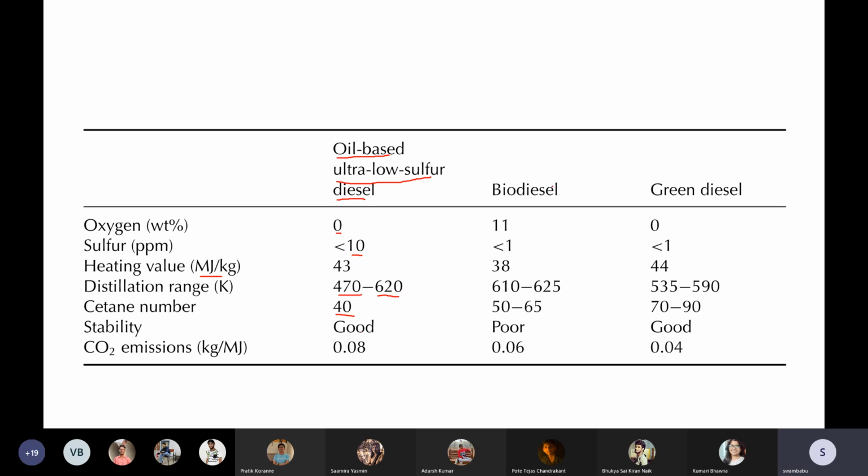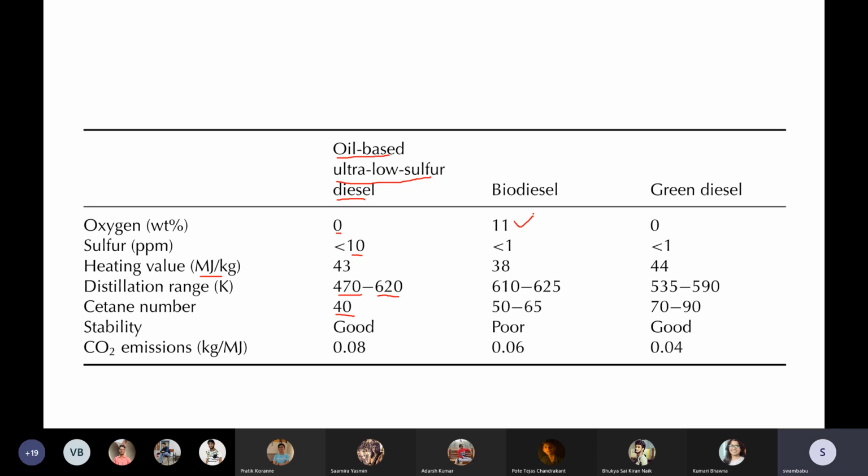If you compare this with biodiesel, which is produced from the transesterification of oils with the help of methanol and a catalyst, or whatever is produced from lignocellulosic biomass, it will contain oxygen. This oxygen helps in one way, as it enhances combustion, but it also limits the reactivity of the diesel.